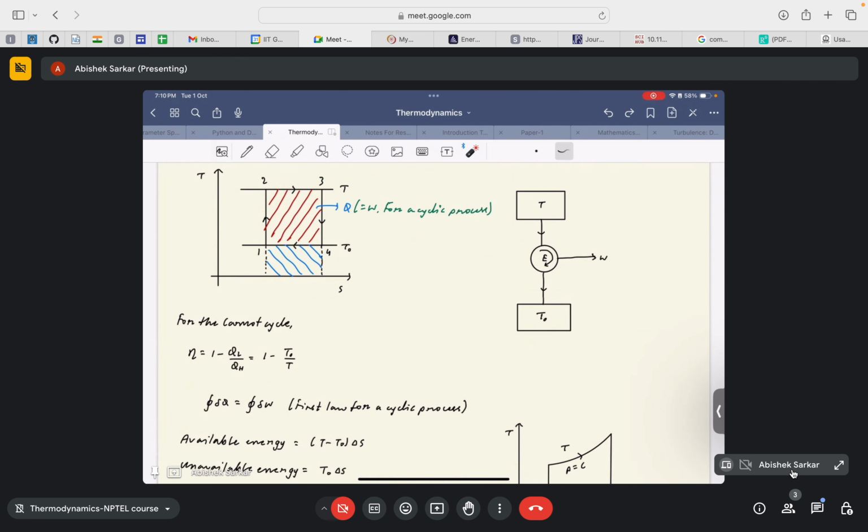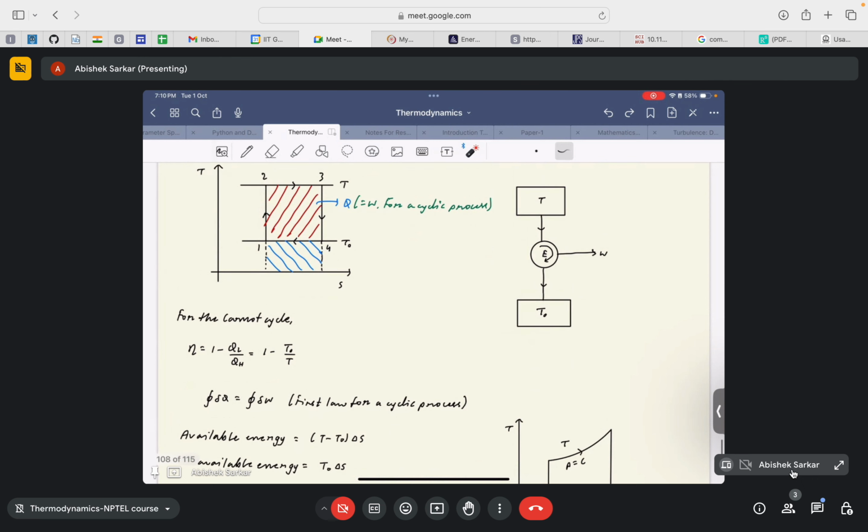With that analogy, we can say that this blue dashed line would basically represent the net heat lost, or the net heat that was exchanged during the operation of the cycle, right? Since we know from the Kelvin-Planck statement that there have to be two thermal reservoirs for the operation of a heat engine, this represents the net heat lost during the operation of the Carnot engine.